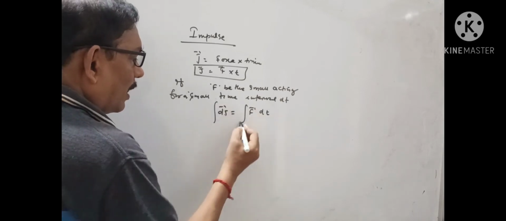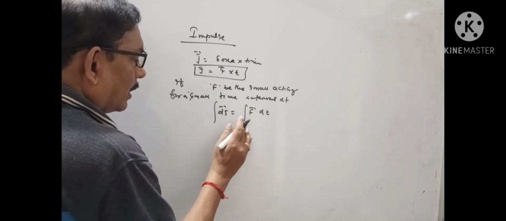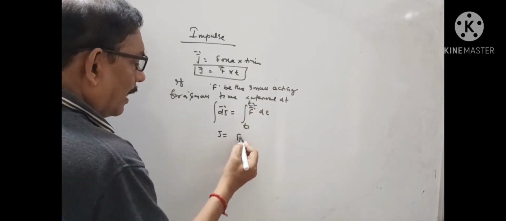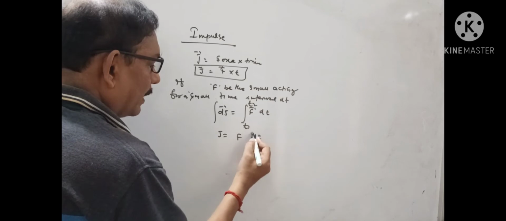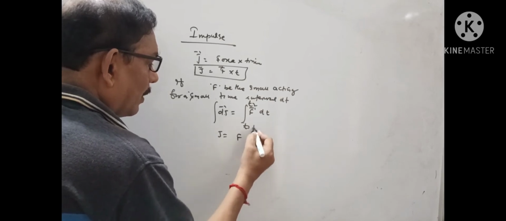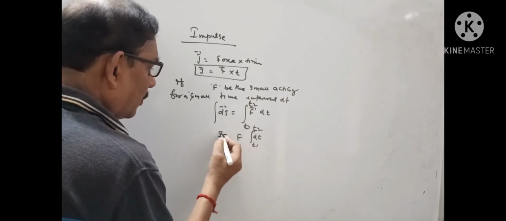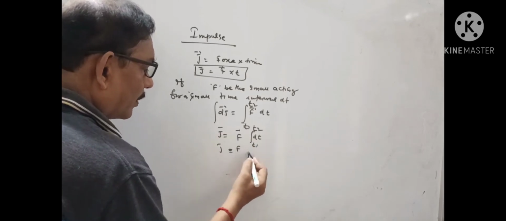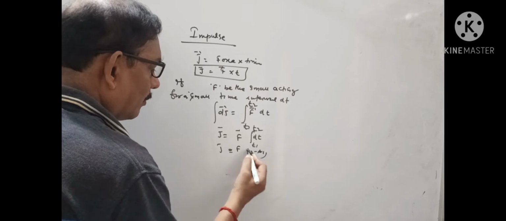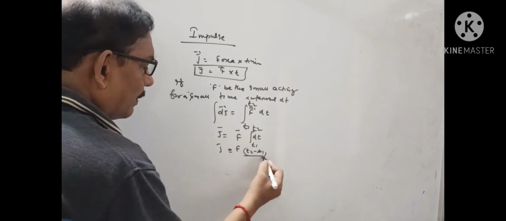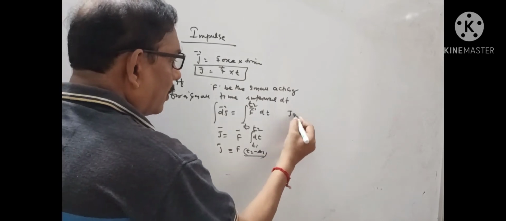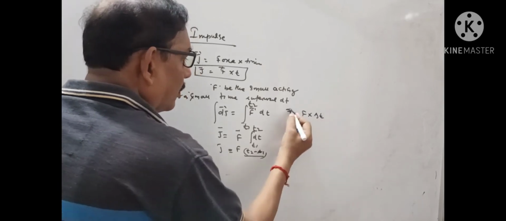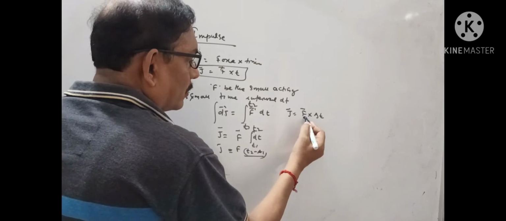Now taking integration from t1 to t2, J is equal to the integral of F dt from t1 to t2, that is equal to F times (t2 minus t1). This value is F into delta t, J is equal to F delta t. It is the average force.